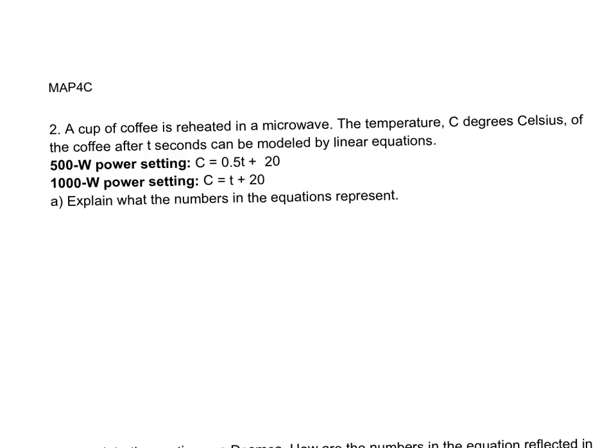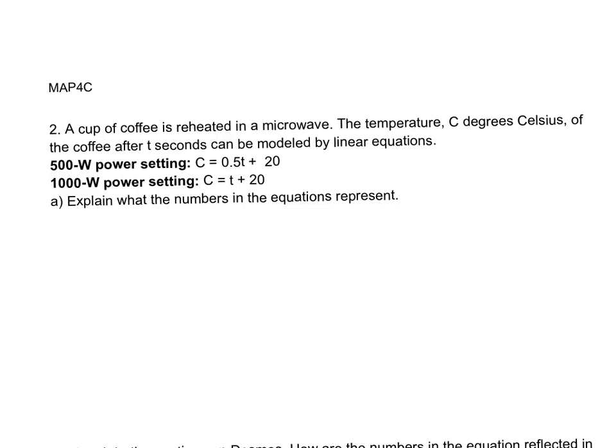Last example, a cup of coffee is reheated in a microwave. The temperature C degrees Celsius of the coffee after T seconds can be modeled by the linear equation. So a 500 watt power setting, it's going up by a half a degree every second, and a 1,000 watt power setting is saying that it is going up by 1 degree every second. How do I know that?